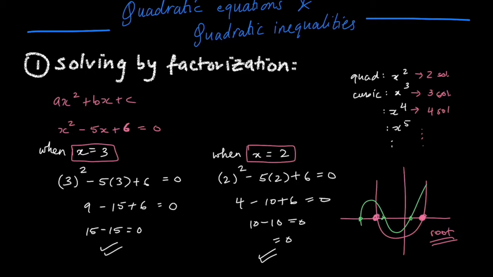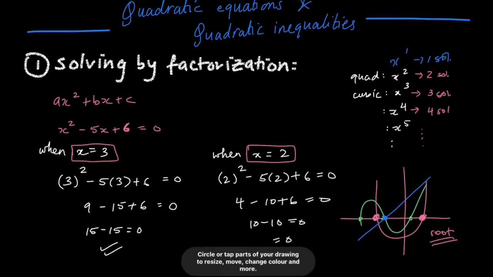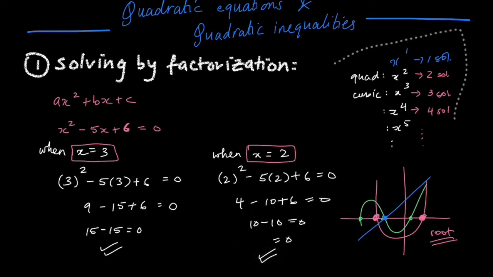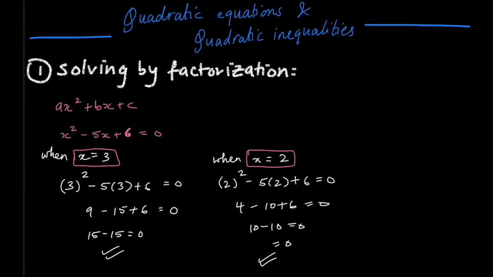And obviously, if it's linear, it just has 1. So if it's x to the power of 1, it will just have 1 solution. That's something you guys should remember to have a good idea of how many solutions an equation can have. So what this means is, therefore, 3 and 2 are roots of this equation.